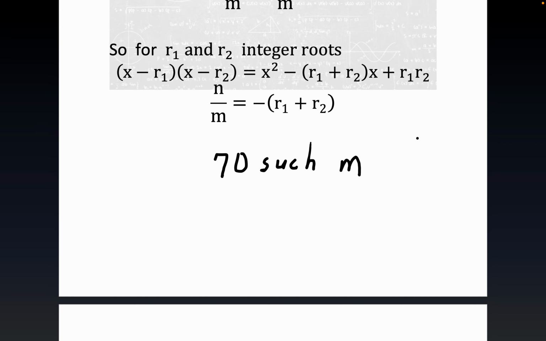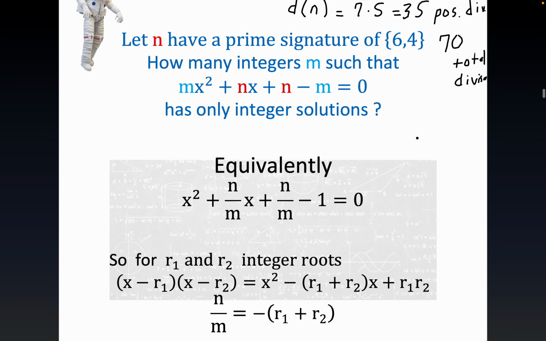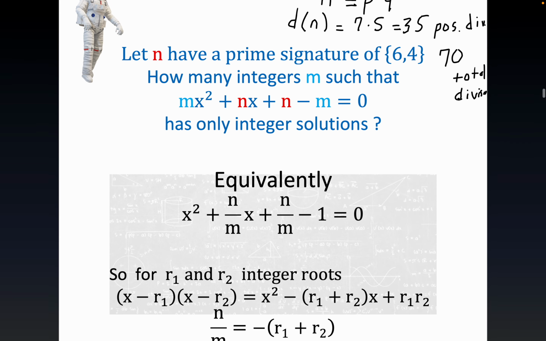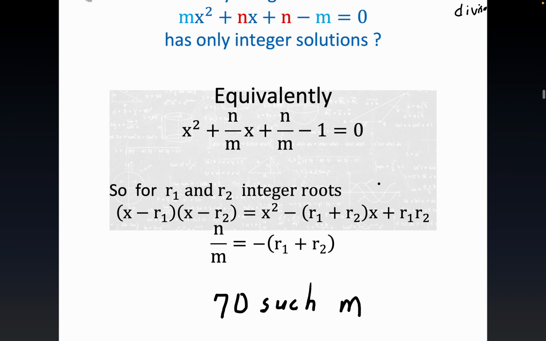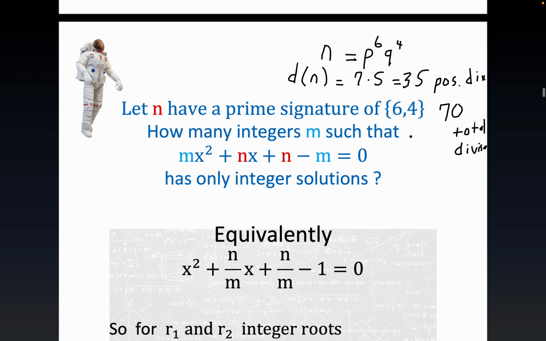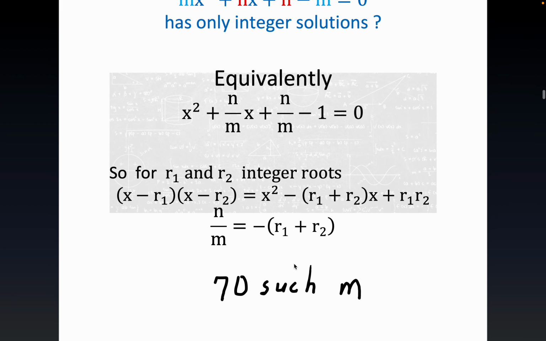Right, folks, and that makes sense because, again, n has 70 total divisors, half of them negative, half of them positive. So let m be any one of those 70 divisors, and this will resolve to an integer, right?